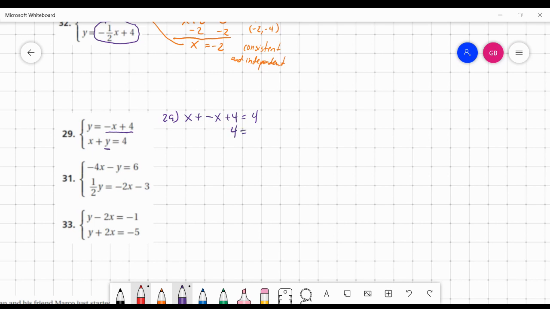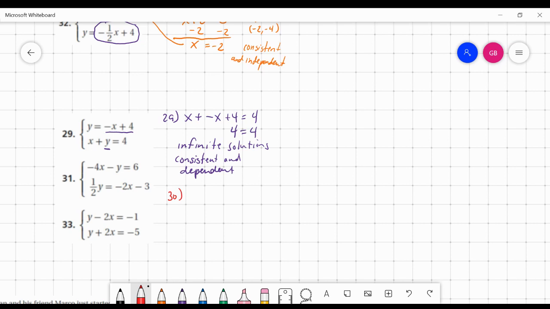So you're left with 4 is equal to 4. So like the one we just did, this one is infinite solutions. This one is consistent and dependent.